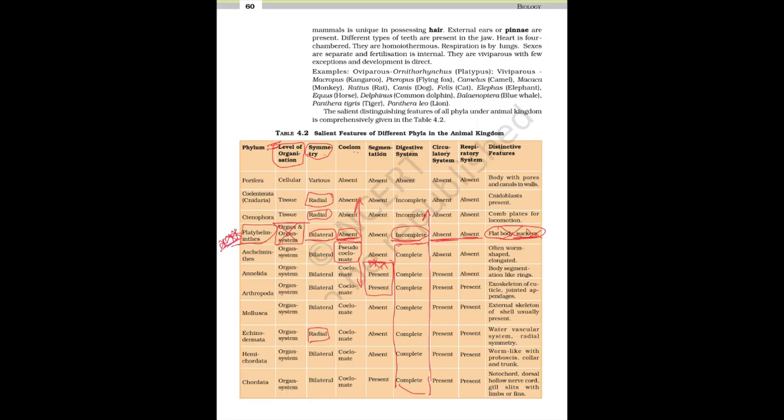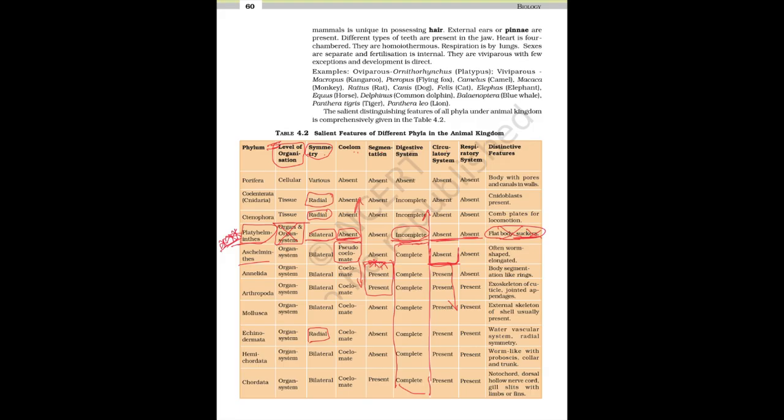You can see here, segmentation done. For digestive system, till Platyhelminthes incomplete, rest complete. Circulatory system, till where is it absent? It is still here, roundworm, Aschelminthes. It is absent. After that, it is present. So remember that.